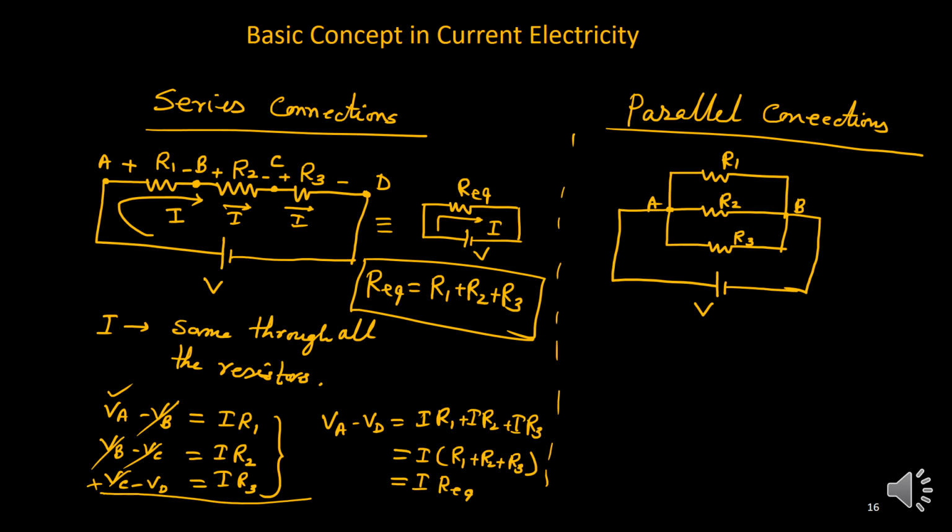So in parallel connection, the potential gap VA minus VB will be the same for all the resistances. Now their currents could be different.